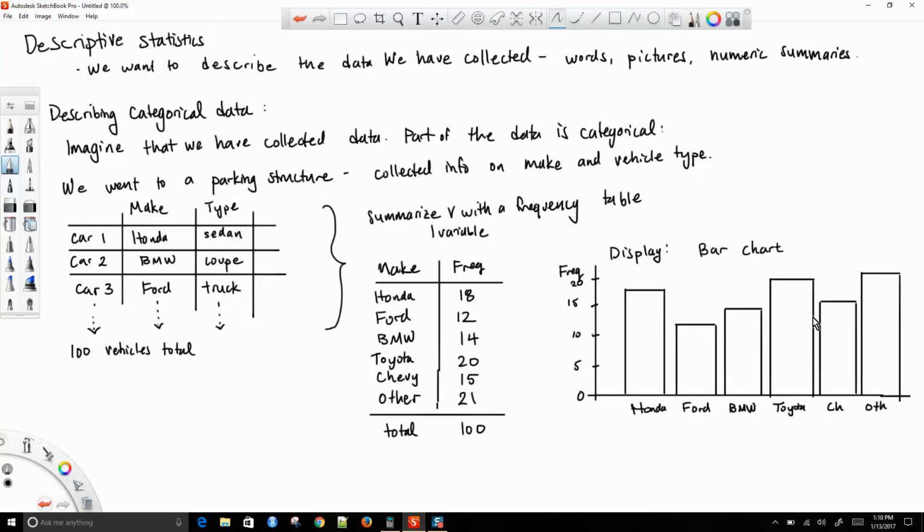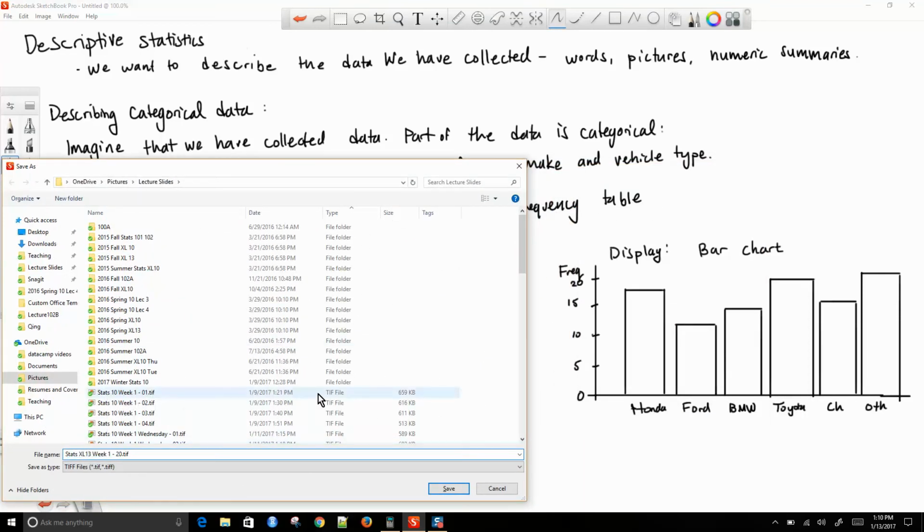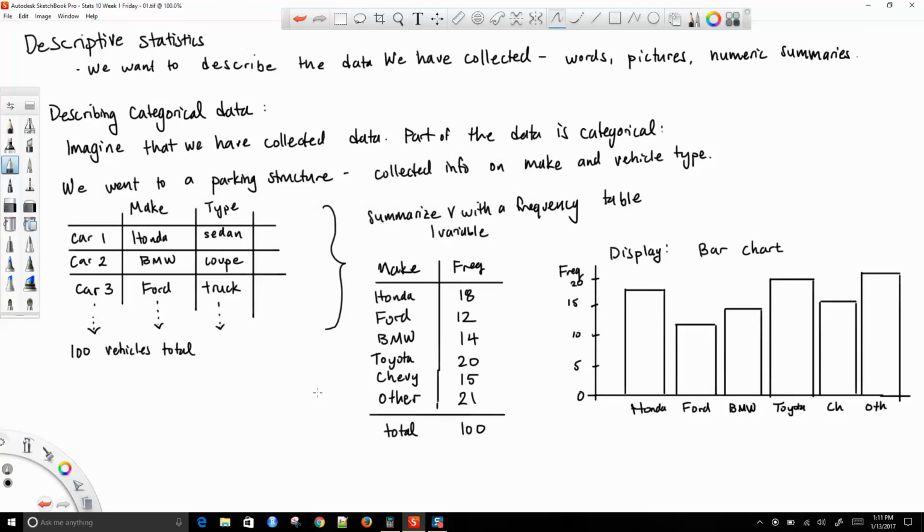The thing about a bar chart is that the arrangement of the bars doesn't matter.